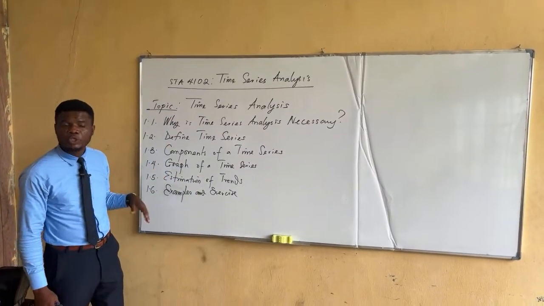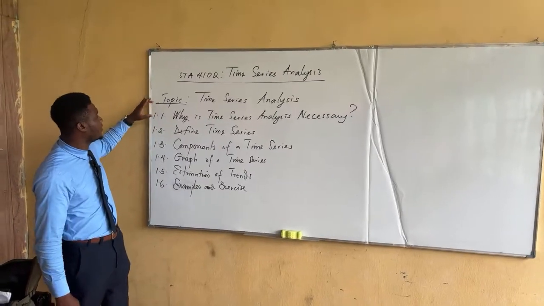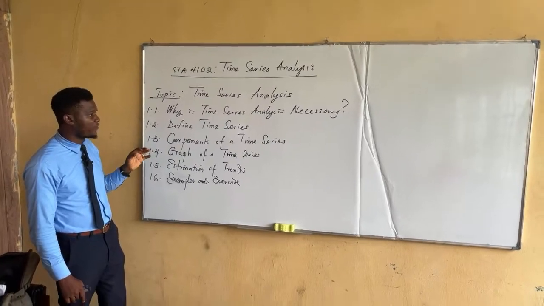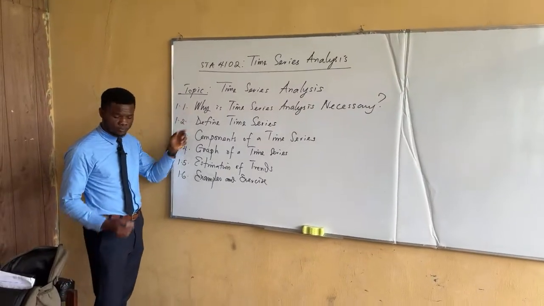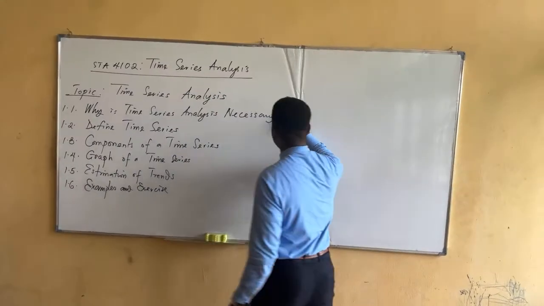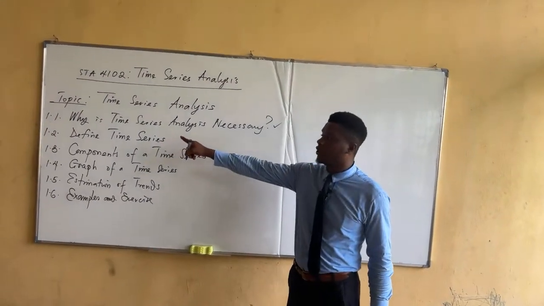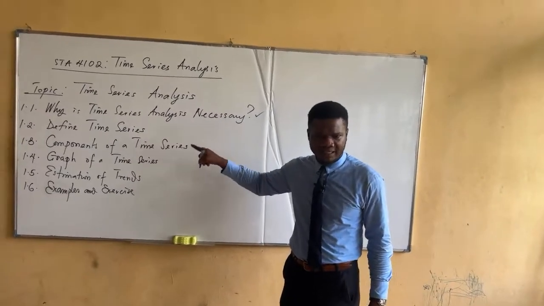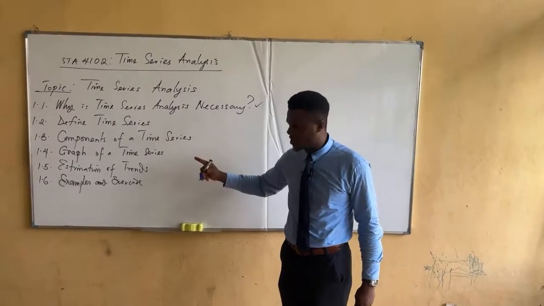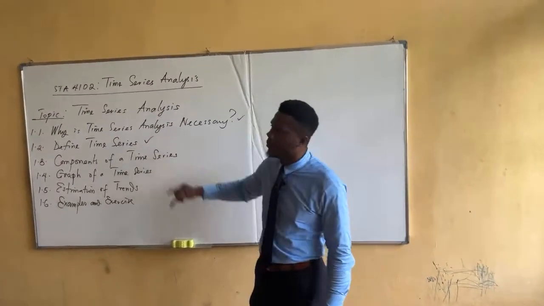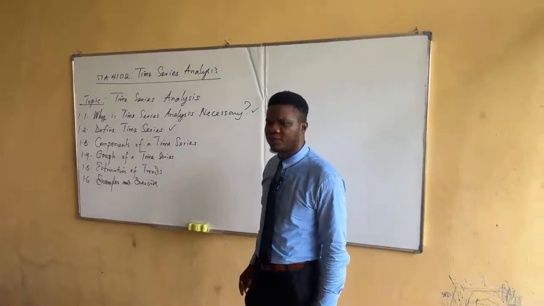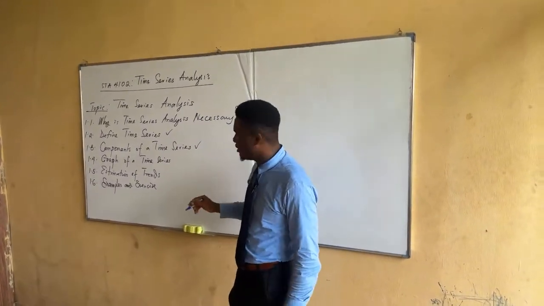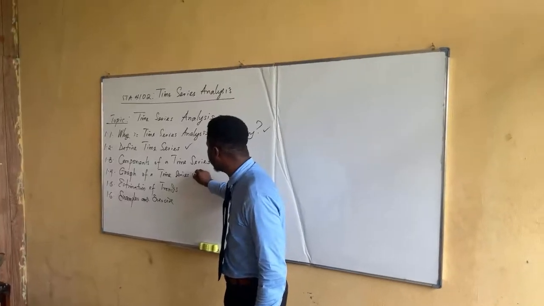Out of these 6 items, I am confident that if we are fast enough, we will achieve number 1, answering the necessity for time series as a technique and a course in statistics. 2, we should be able to define a time series and explain same. 3, we should be able to treat this and explain them. 4, we should be able to get this done.